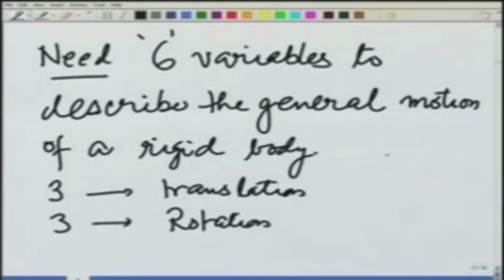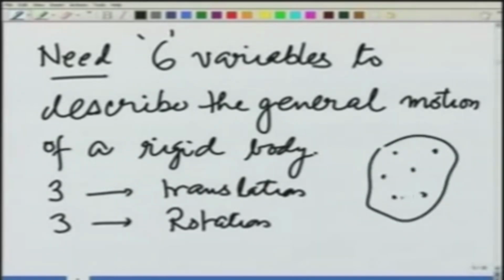What will happen if I take a rigid body? Now I can make it a general rigid body like this. All the distances are fixed between these points, and fix one point of this body. Suppose I pin it here. Then it cannot translate anymore, and therefore I would need only 3 variables for describing its rotation.